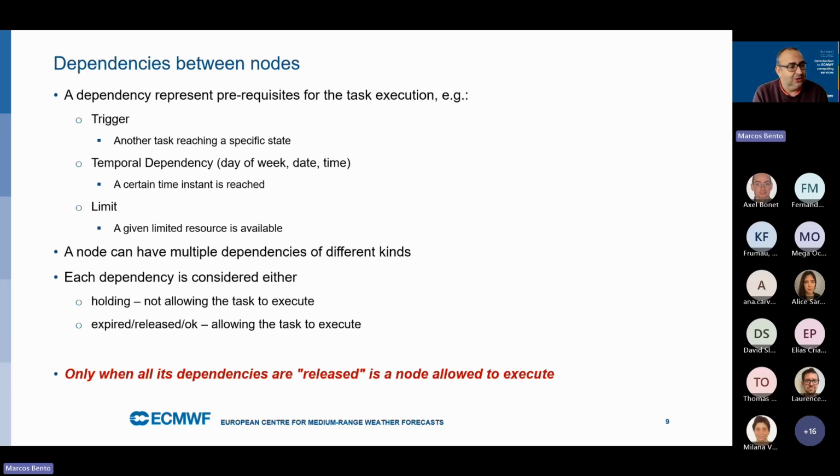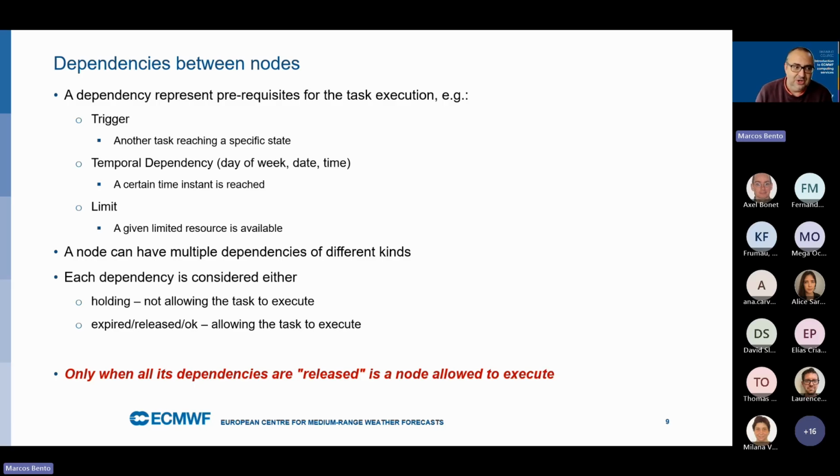A bit of terminology. A dependency is either holding, that's the name that we use, holding in the sense of holding back the task from executing, so not allowing it to execute. The counterpart, and we don't have a name for it, is either expired, in the sense that the time dependency has expired, so it's now okay. It was to run at 12, it's now 12:01, we can run it.